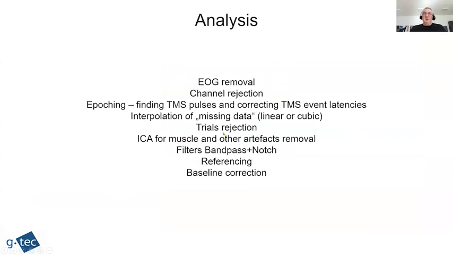in the offline analysis, we would need to remove the EOG artifacts. You have noticed that whenever Christoph was blinking, there was a large artifact in all channels. Then you should reject bad channels. That happens, as I mentioned.